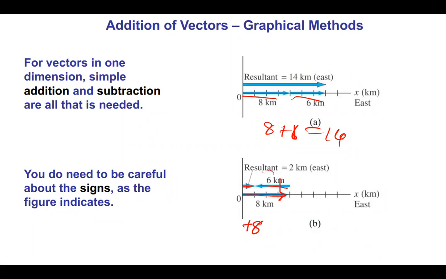Then you also have this 6, which is facing against the axis. It's facing away from the positive x-axis. So we consider this to be a negative 6. So we say 8 and then negative 6 there. The answer is 2. Positive 2 kilometers is our resultant vector.